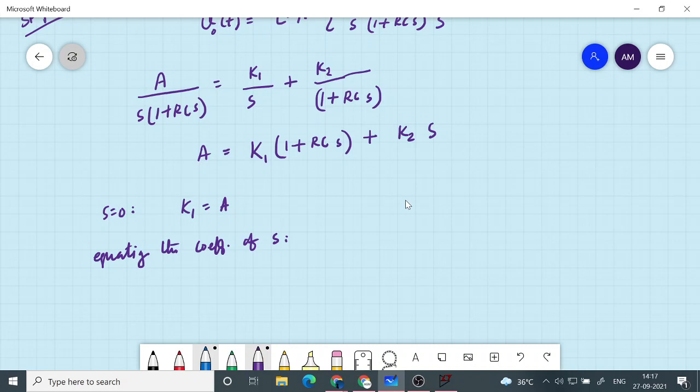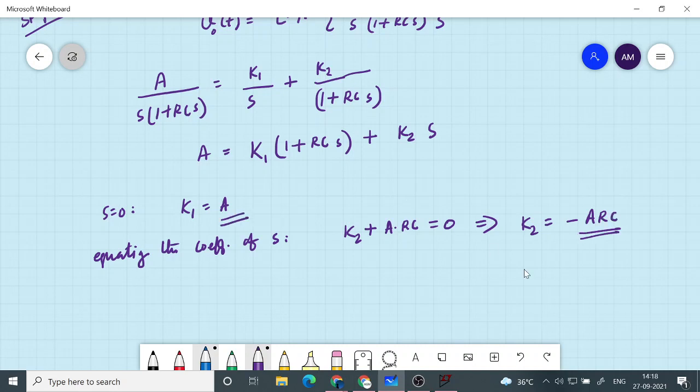So here the coefficient is K2, and here it is K1 into RC, and K1 is A, so I can write it as A into RC, because K1 is A, so that is the coefficient of S here. And then we had a constant term, we don't consider it, and it is equal to 0. So therefore from this we will get K2 as minus A into RC. So we got K1 and K2.